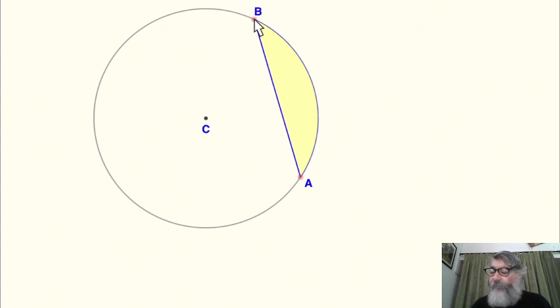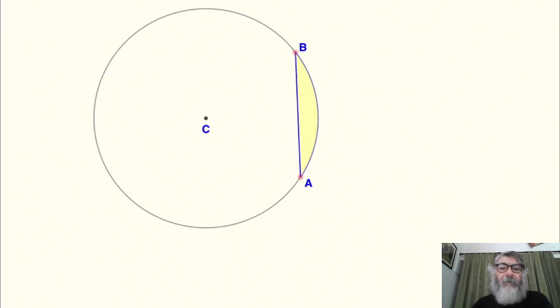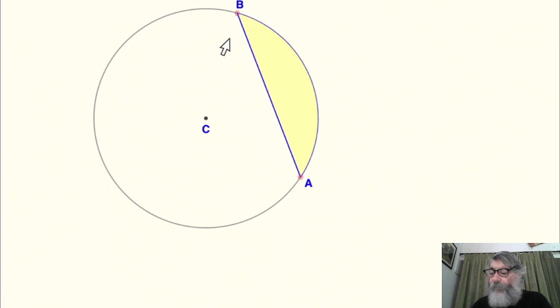For example, if I move the point B, so AB becomes smaller, and obviously the minor segment has reduced further. So one is the major segment, one is the minor segment. If I move this point B further, it is increasing.